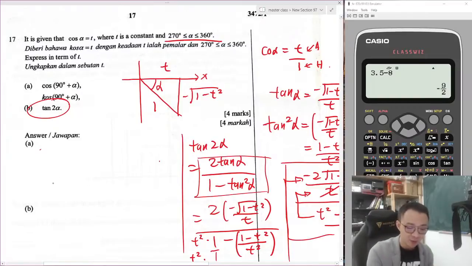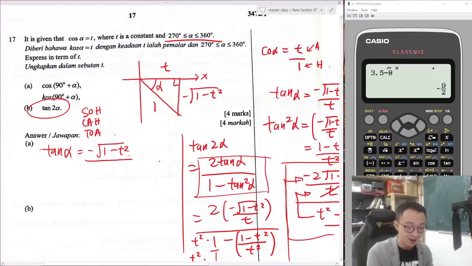So what you want to do right now is you need to find the tangent alpha, because we know tangent is opposite over adjacent. So your opposite is what? Is negative square root 1 minus t square. Your adjacent is t. Okay, this is your tangent alpha, but I want to find the tangent square alpha as well, because I want to sub into the formula.